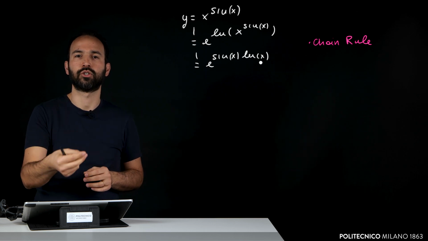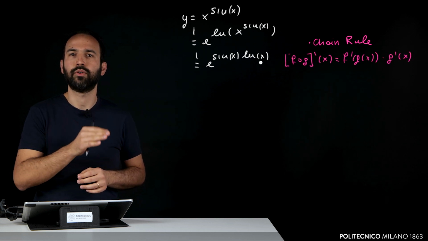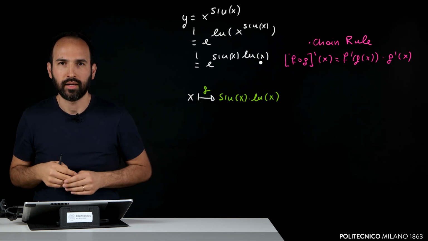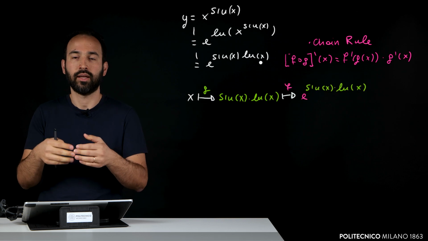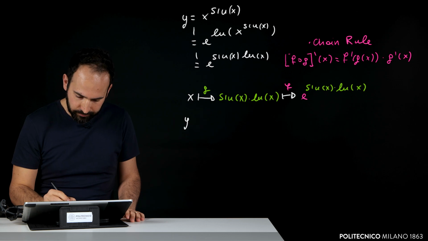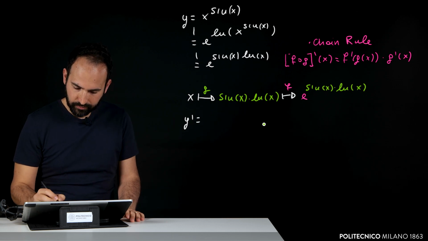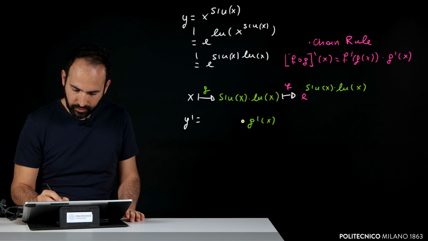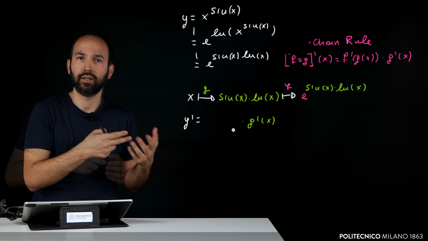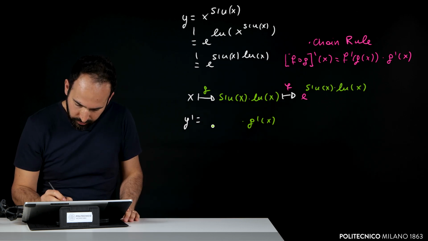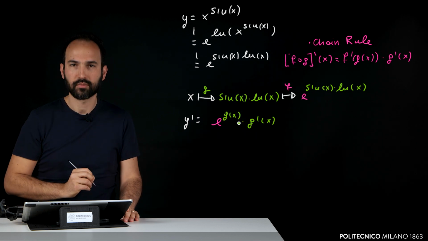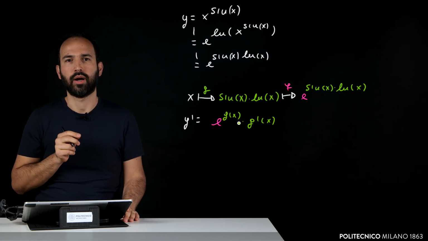Indeed, we recognize the function as a composition, with the inner function g, which takes x to sine of x multiplied by natural logarithm of x, and the exponential function as the outer function. Thus, y prime is equal to g prime times the derivative of the exponential evaluated at g, which is exponential of g. Let's focus on g prime.